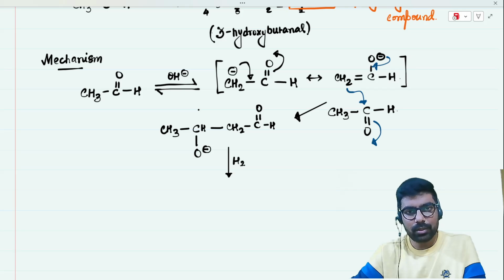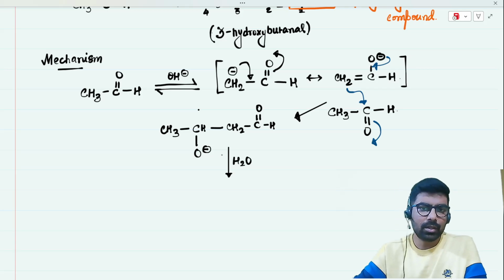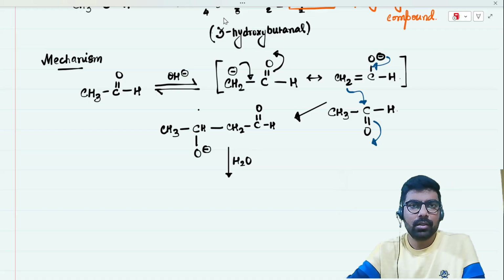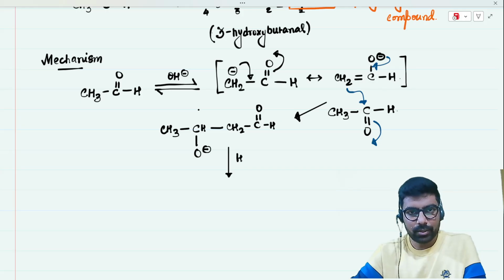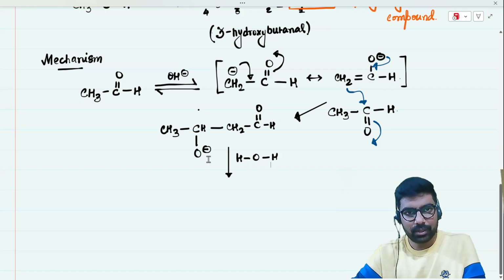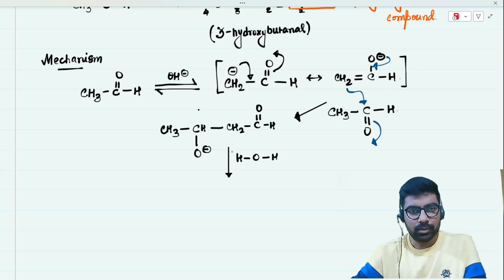In presence of water, the O minus that is there will take a proton from the water molecule. HOH is there. So this will take up one hydrogen, and OH will be eliminated.